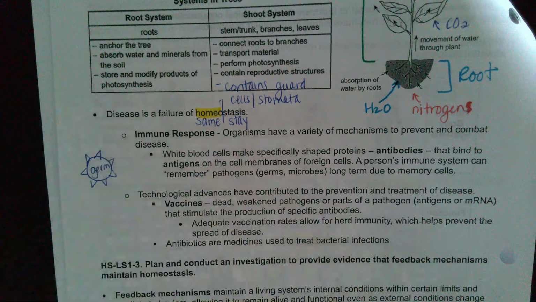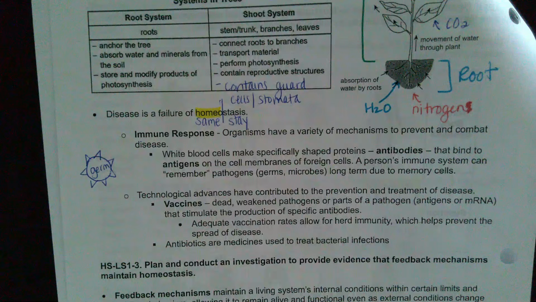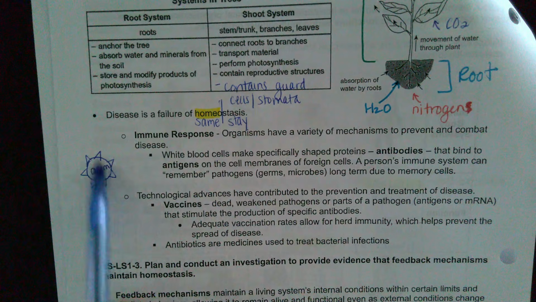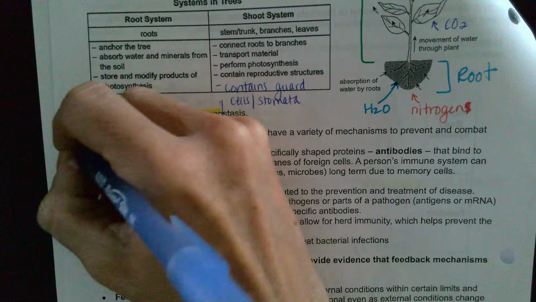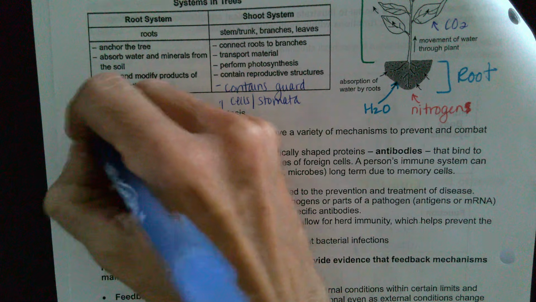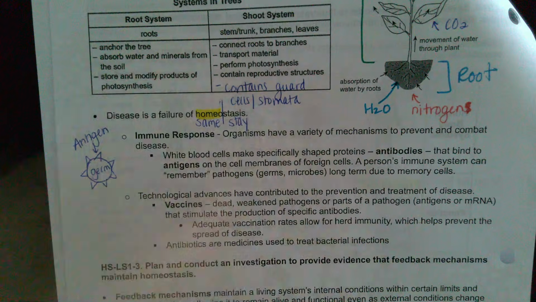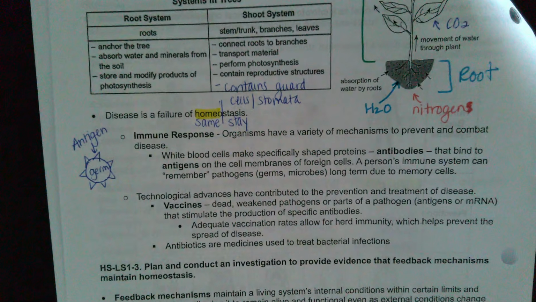And when your white blood cells are in your blood, they're cruising along inside your blood vessel, and then they see something that doesn't belong there. How do they know it doesn't belong? Well, those cells have these antigens here.